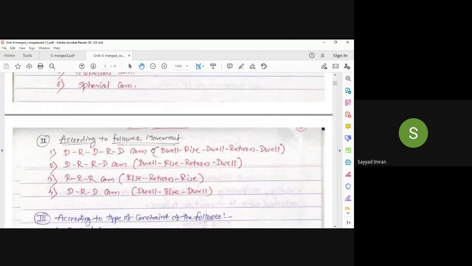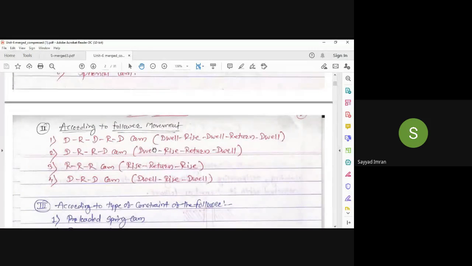Next, according to follower movement, it is the DRDRD cam. You have to remember this type of cam. Here D means dwell, R means rise, again D means dwell, the next R is return, and dwell. Dwell, rise, dwell, return, dwell.